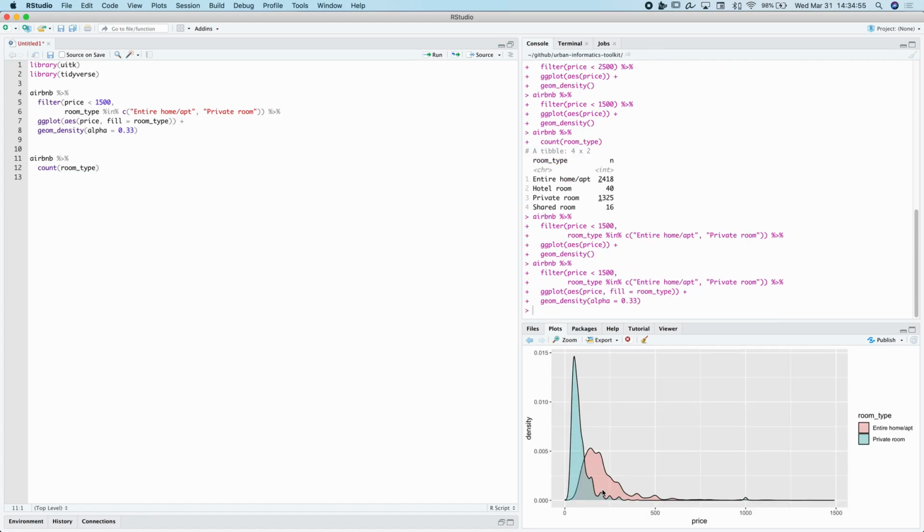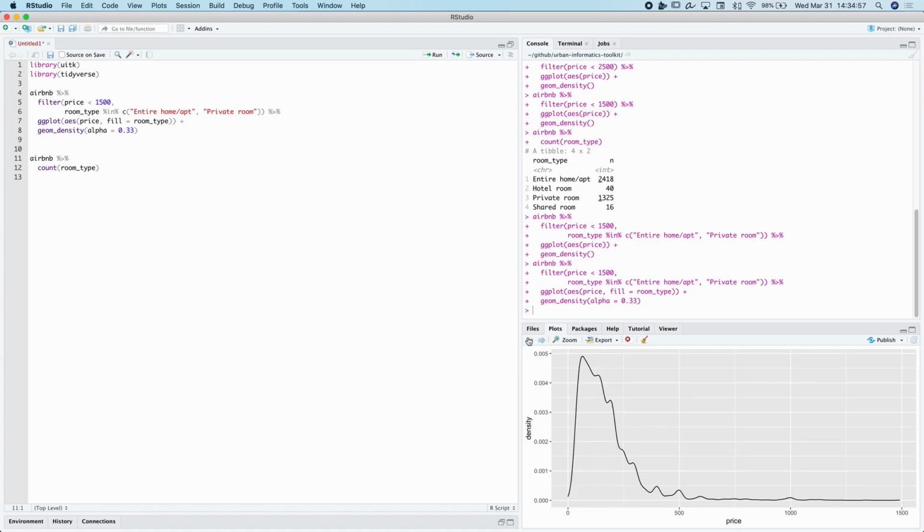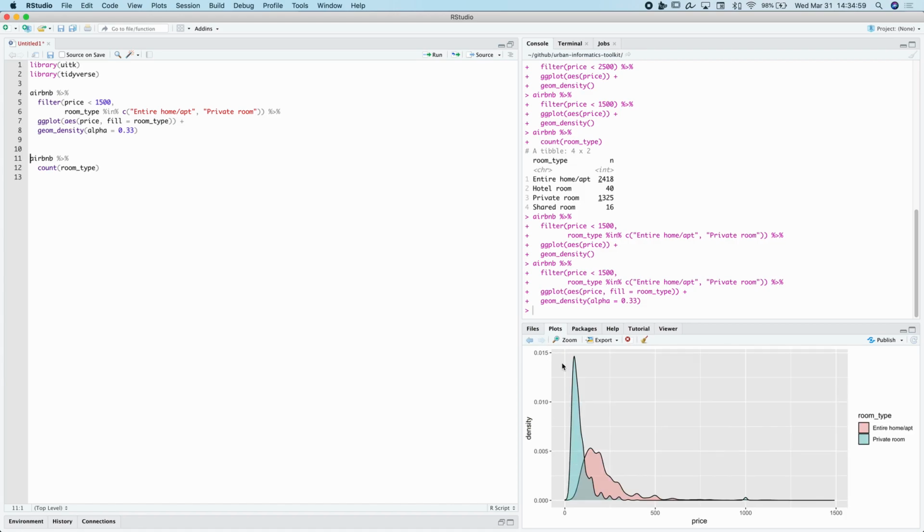Now what we're seeing is, compared to the previous distribution, if we partition out these groups and look at the distributions of each by their own group, we might actually have a different distribution in there. And when we see something like this, when there are two different groups and we think there might be a difference in the average price, that's a really, really good time to think about using a t-test.